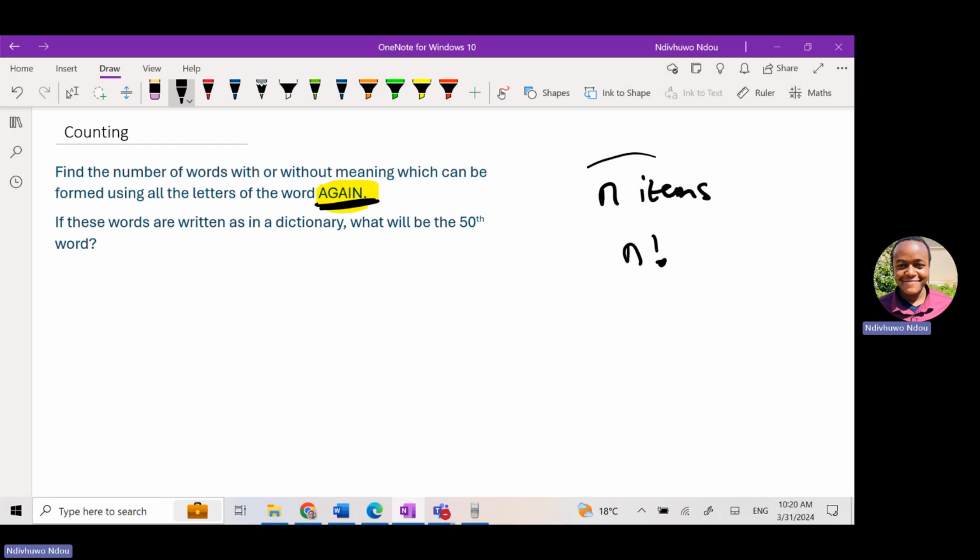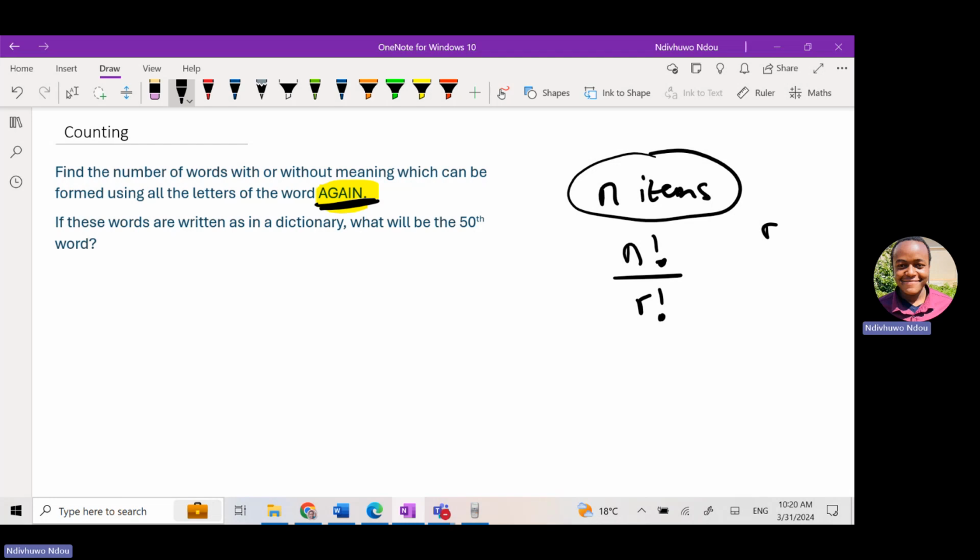But what if from those n items, there are some items, let's call them r, that are repeating? In the case where some of them are repeating, we have to divide by the permutation of the repeating letters so that we can form different words. To cancel out the effect of those repeating letters, we just basically divide by their factorial.